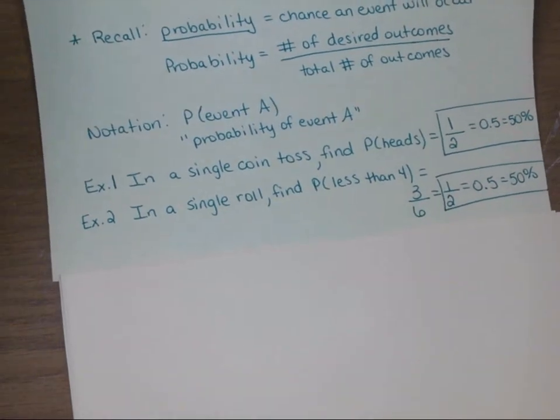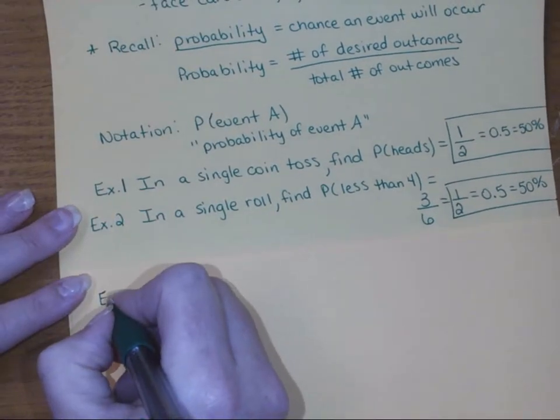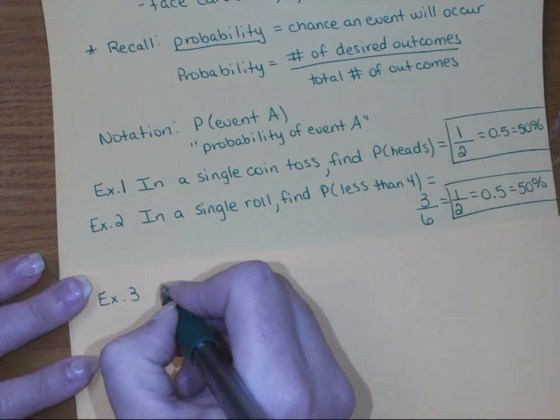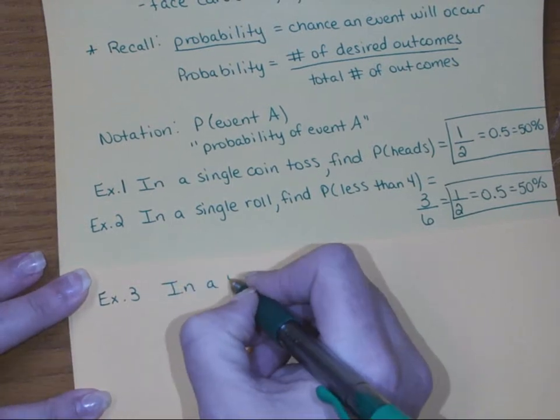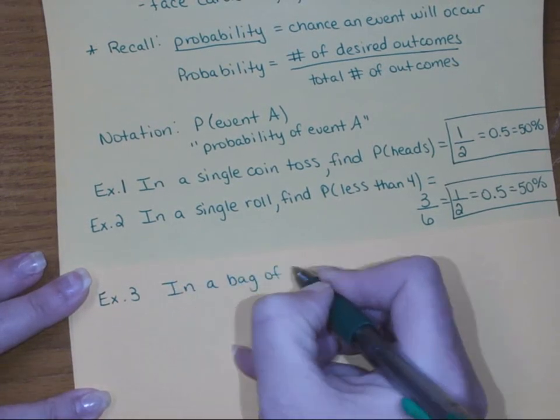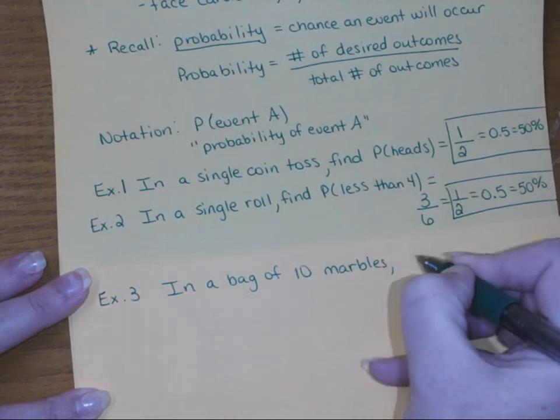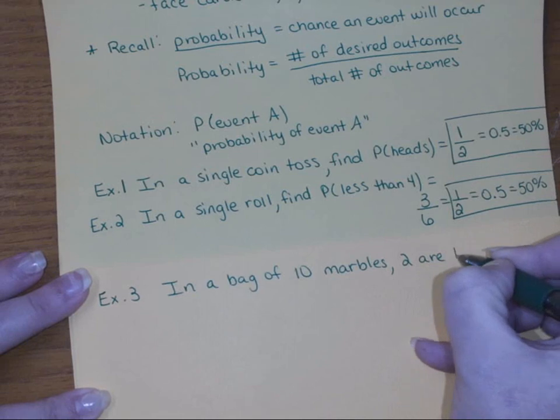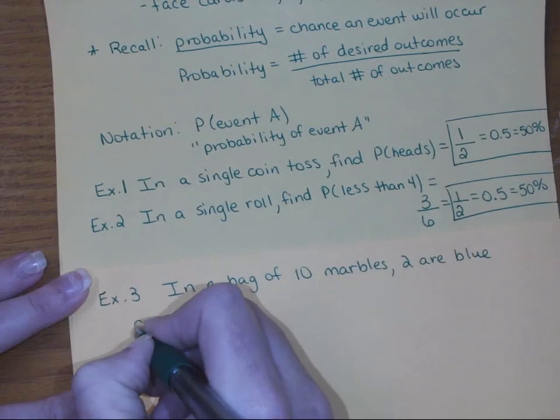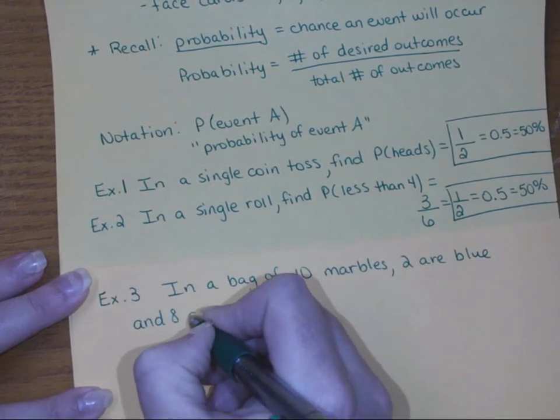Okay, so let's look at an example of a single event marble problem. In a bag of 10 marbles, 2 are blue and 8 are yellow.